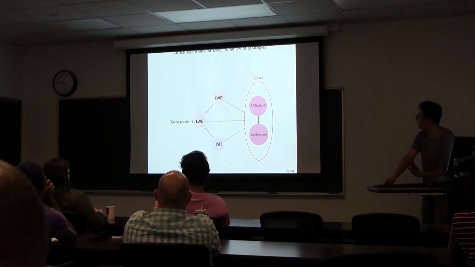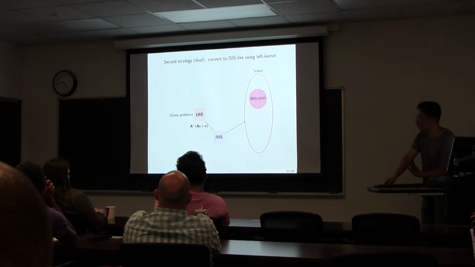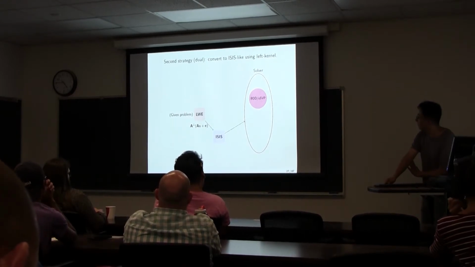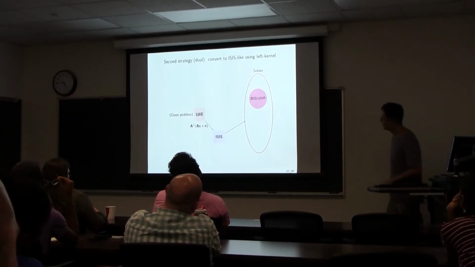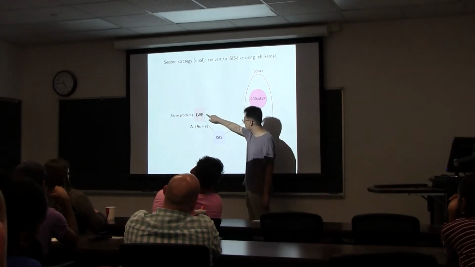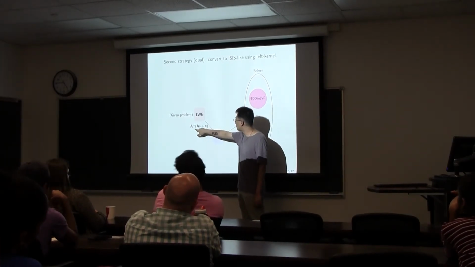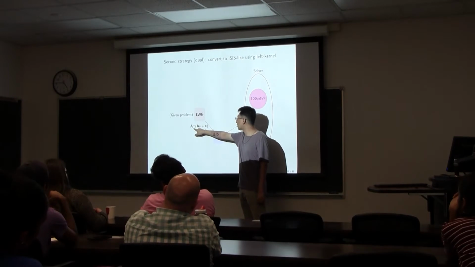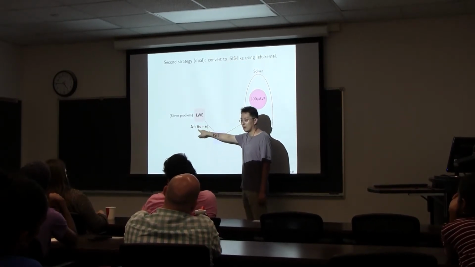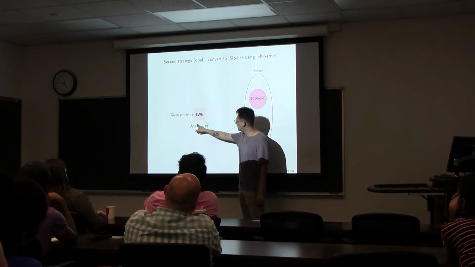A variant of this strategy is to go through the SIS problem. We start with an LWE problem, AS plus E, but I'm going to multiply by the left kernel of the matrix A and cancel the AS part out. So I don't have anything over here.